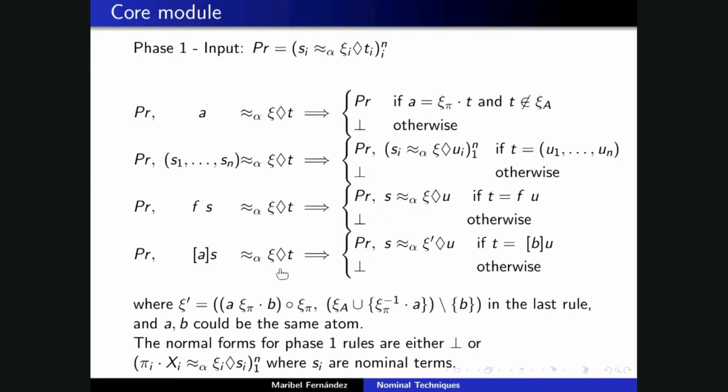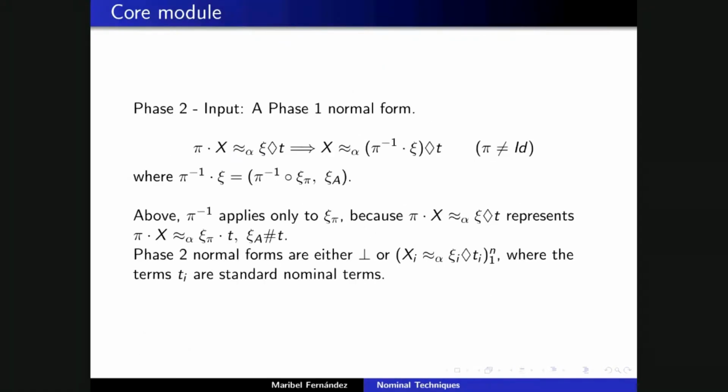So after you apply these rules exhaustively, either you found a failure and that's it, or you simplify your expressions sufficiently so that you end up with constraints that have a specific format, where you have a variable on one side and a term on the other with an environment. That's the first simplification phase, and we went just once over the terms. So for the moment, this is still linear complexity.